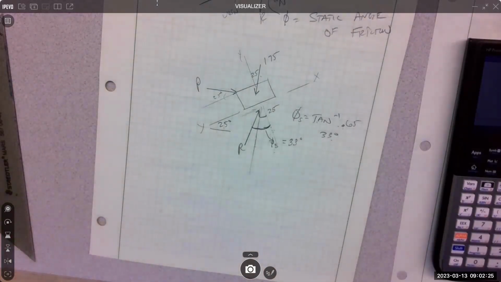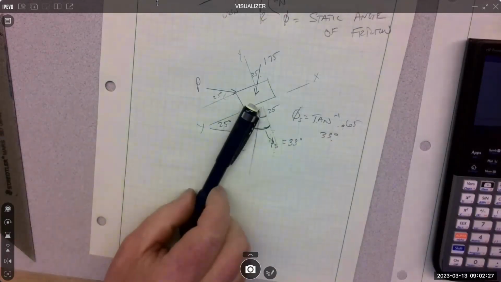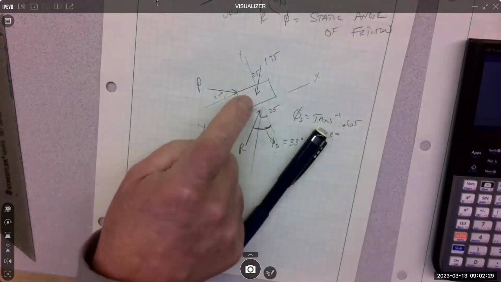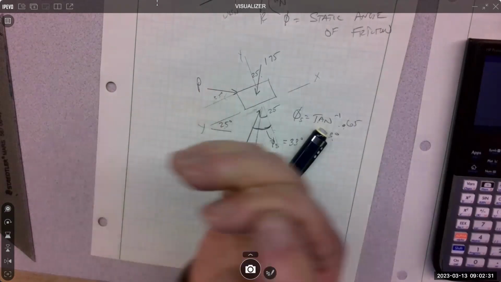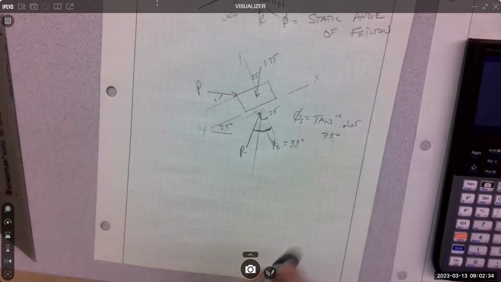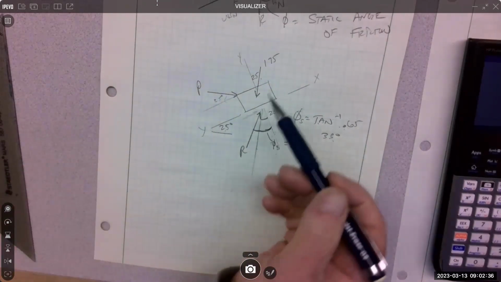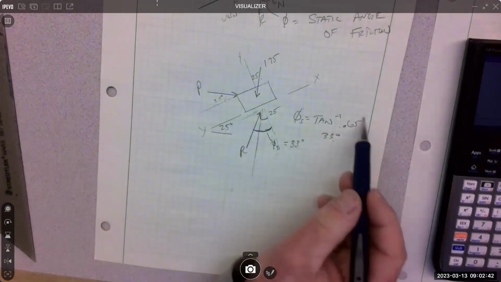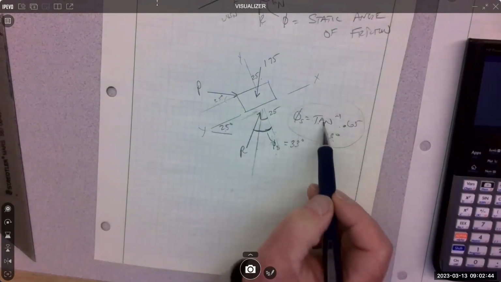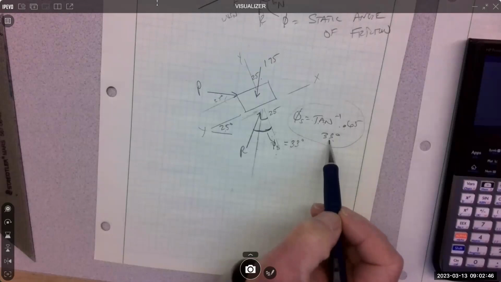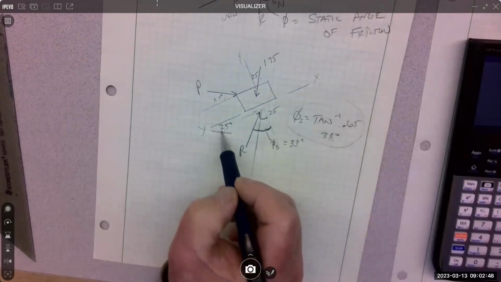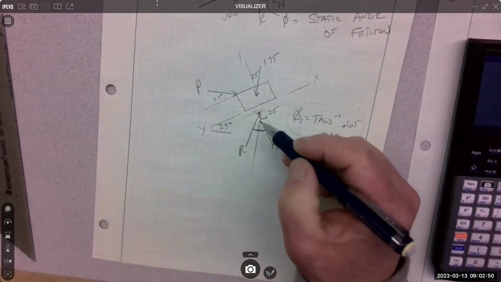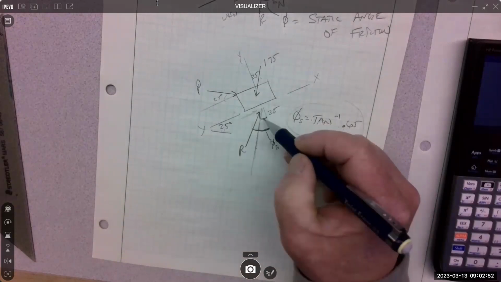So R is this resultant friction force. If it's over here somewhere, then it's holding this block in place, and that's why we had to pull on it with P, right? If R was over here somewhere, then it's going to slide because it has no up-the-hill resistance. So you calculate the static angle from the coefficient, you get 33. You know the angle is 25 for the slope, so vertical to N is 25.